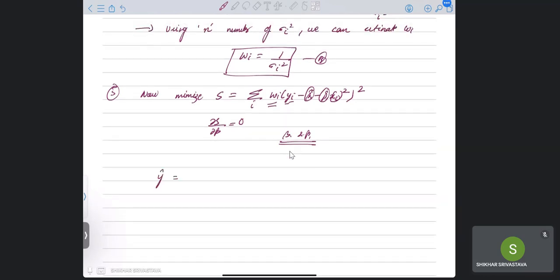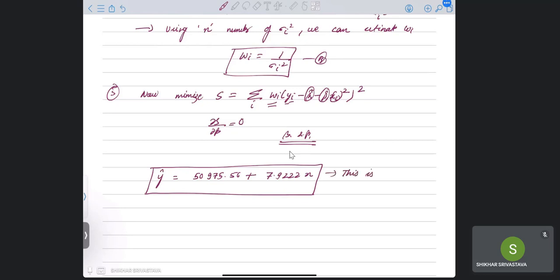Using that, your linear fit comes out to be like this: 50975.56 plus 7.9222x. So this is your final estimate. This is a weighted linear regression model, using weighted least square estimate.